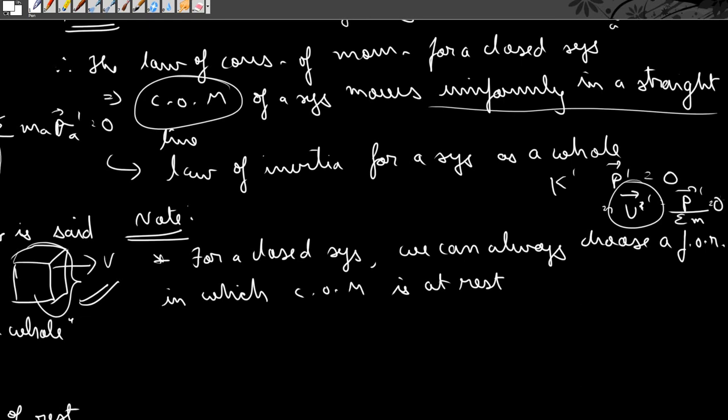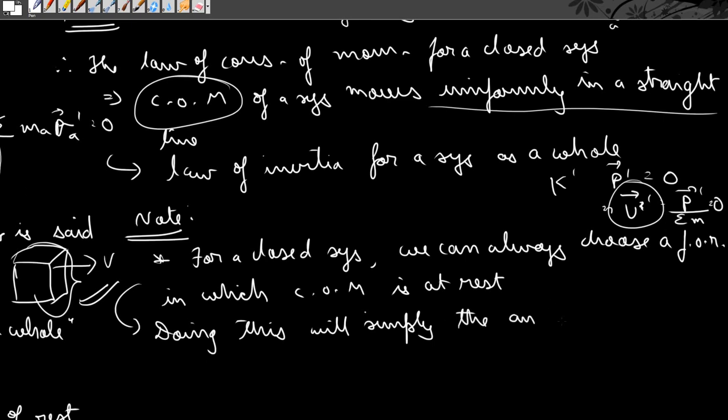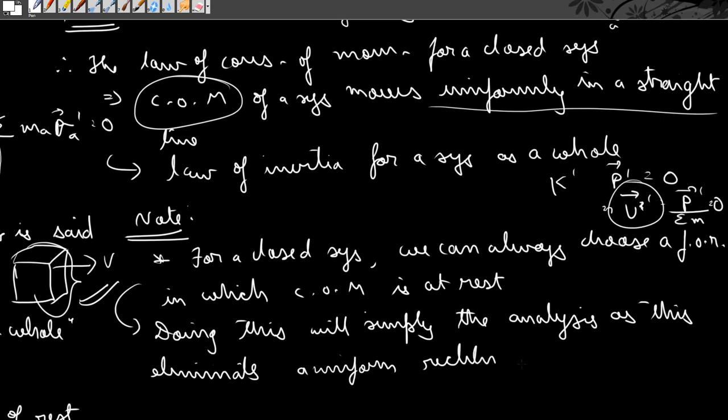So what is the advantage of choosing a frame of reference wherein the center of mass is at rest? Doing this will simplify our analysis, as this eliminates a uniform rectilinear motion of the system as a whole.